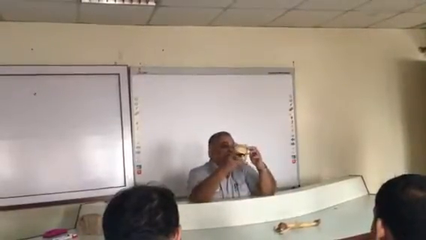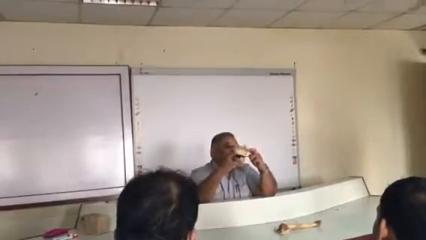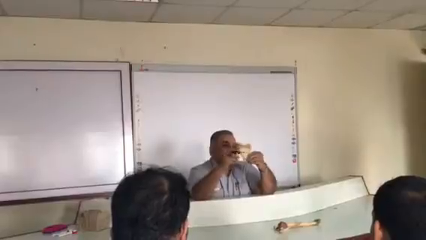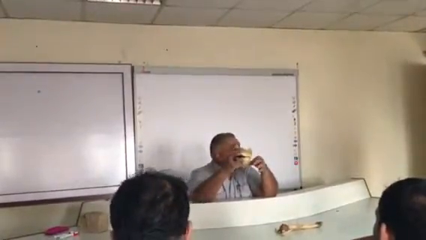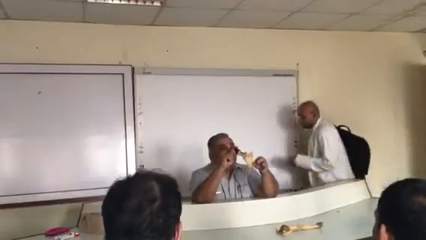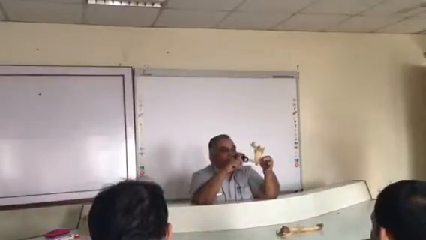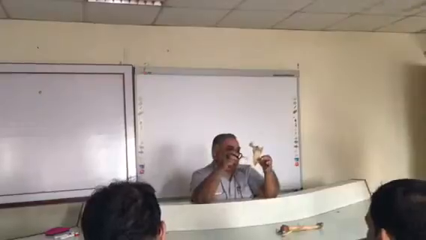On the medial border runs the deep and the superficial branch of the transverse cervical artery. So here you have the transverse cervical artery. Here you have the suprascapular artery. And on the lateral border, you find the teres major and the teres minor muscles.